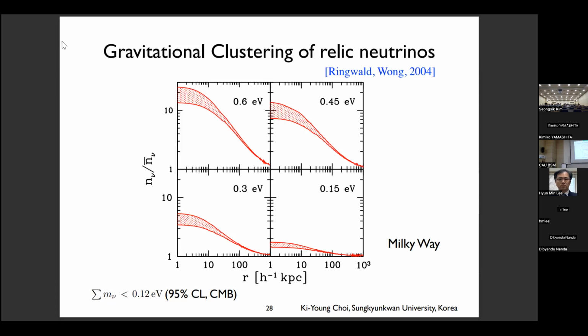So this is one paper. This is for neutrino mass and the radius from the center of our galaxy.